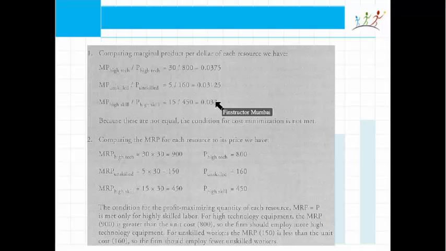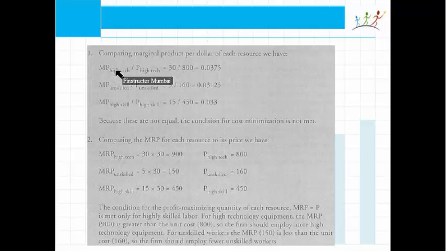Now clearly these are not all the same. Because they are not all equal, that means the firm is not running at the profit maximizing level for its inputs. What should this firm do?